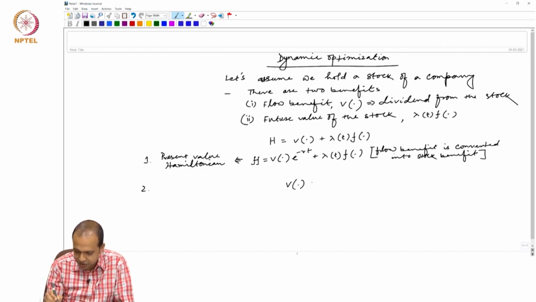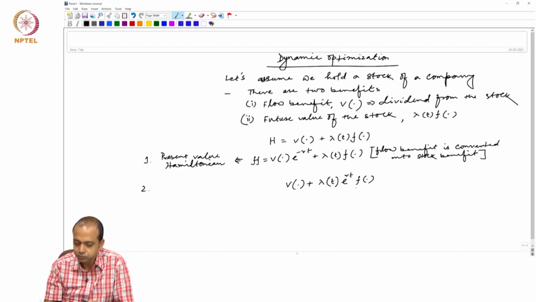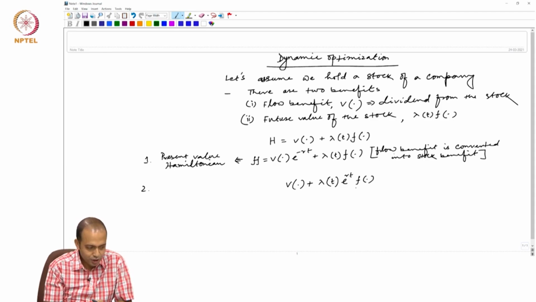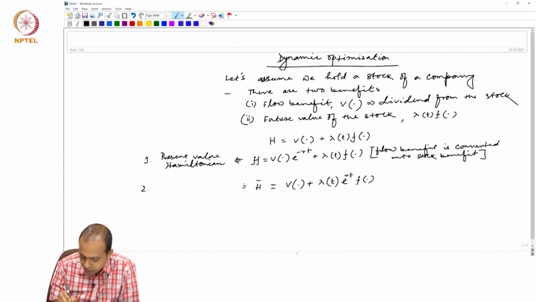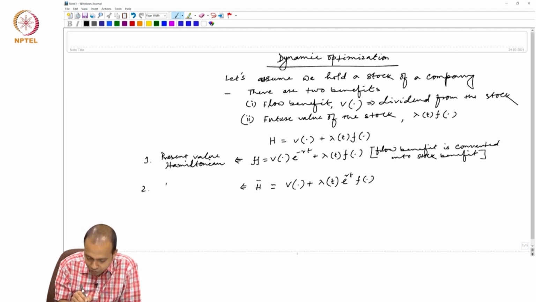I am keeping v as it is, and multiplying this with e to the power r t into f dot. This I am writing as h bar, and this h bar is known as the current value Hamiltonian.